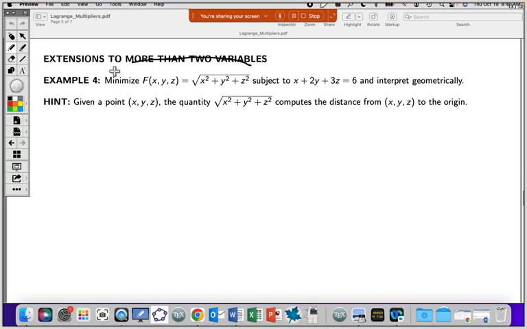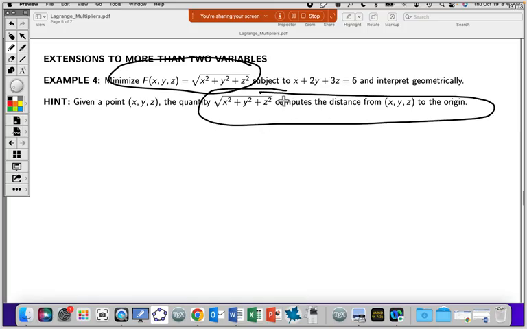Our function f is calculating the distance from a point to the origin. And what's this constraint? What's the graph of this look like? It's a plane, right? So here's what you can think about.